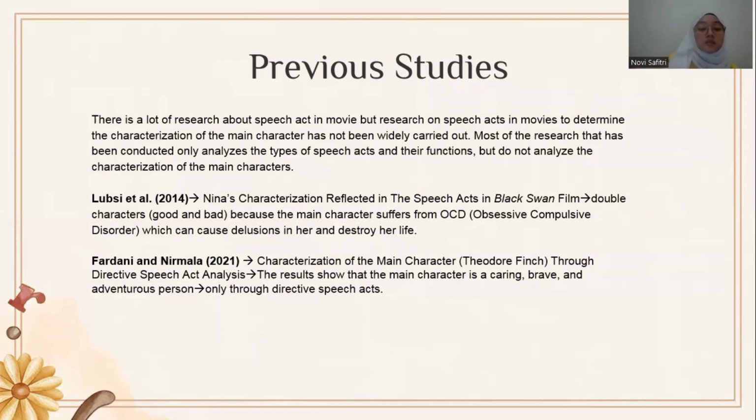And the second research is Fadani and Nirmala's 2021 research. It analyzed the characterization of Theodore Finch through directive speech act analysis. And the result shows that the characterization of Theodore Finch are caring, brave, and adventurous.